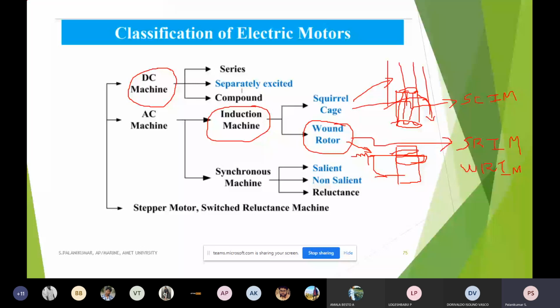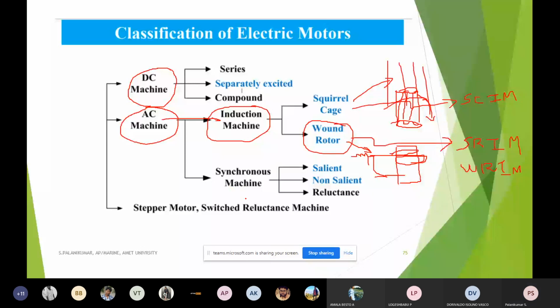They preferred induction machines, especially AC machines, because of the rigid construction, simple operation, and simply controlling the frequency. Another thing is that we are also able to control the speed, as I told earlier.